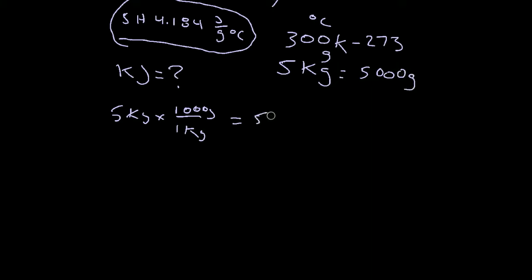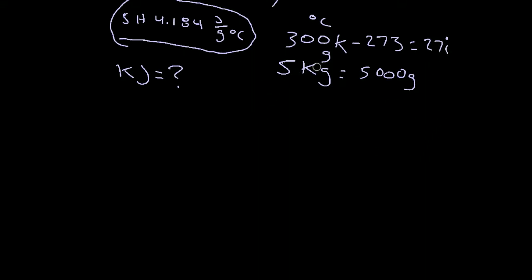I just wrote that out so you can see what I'm doing. Go ahead and erase that though so I can clear up some space. Alright, so I've got 5,000 grams there, and if I've got 300 minus 273, that's 27 degrees Celsius. Hope you can see that, 27 degrees Celsius.